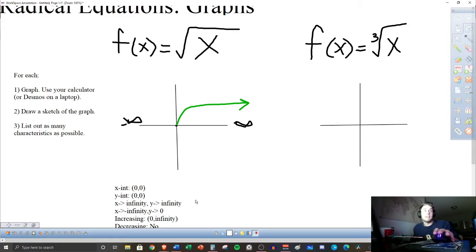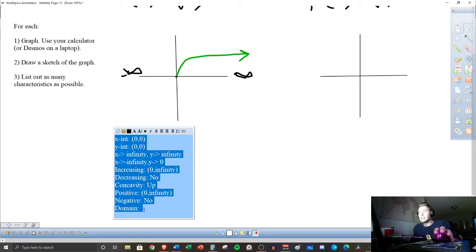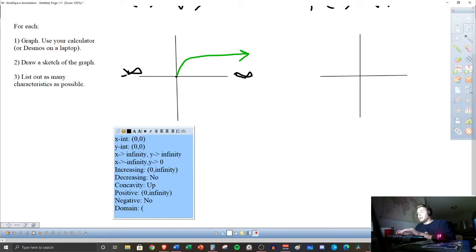Well, that would be negative values, right? So we're going to put the domain is 0, and I'm going to use a bracket here because that means 0 needs to be included in this. 0 to infinity. Okay, domain, 0 to infinity.